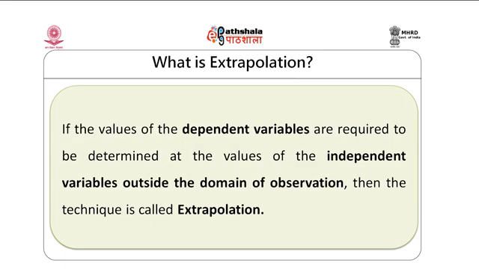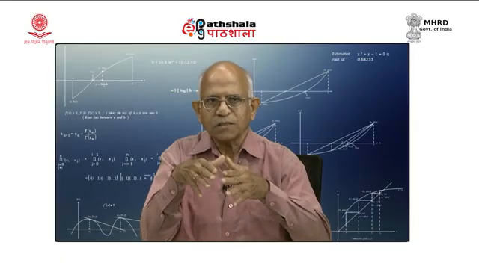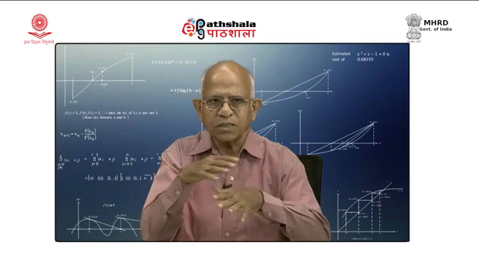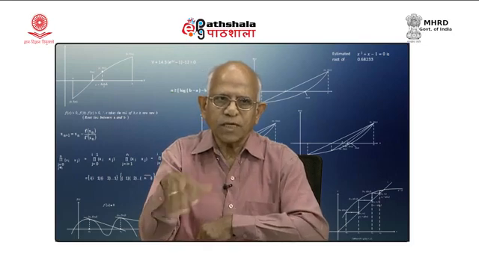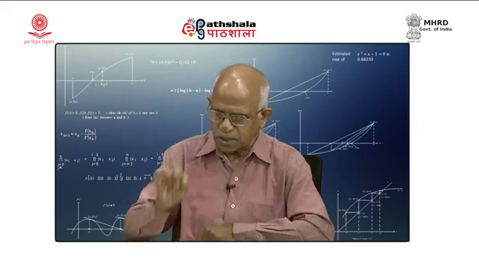If the values of the dependent variable are required to be determined at values of the independent variable outside the domain of observation, then the technique is called extrapolation. So, within the domain of observation it is interpolation; outside the domain of observation it is extrapolation.